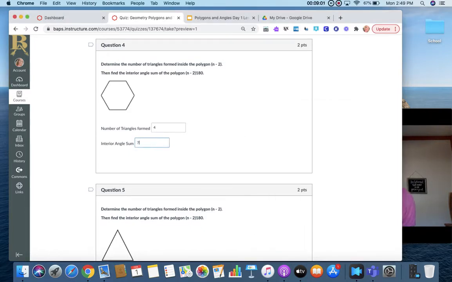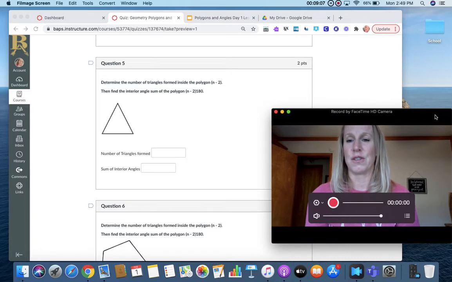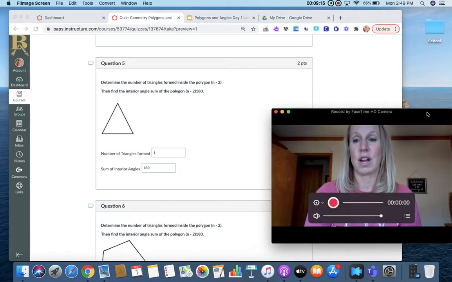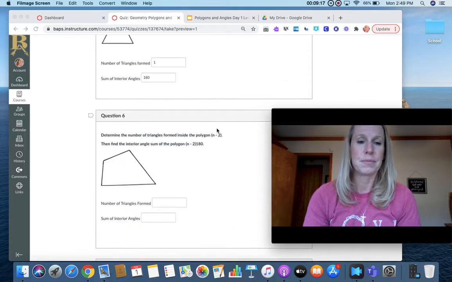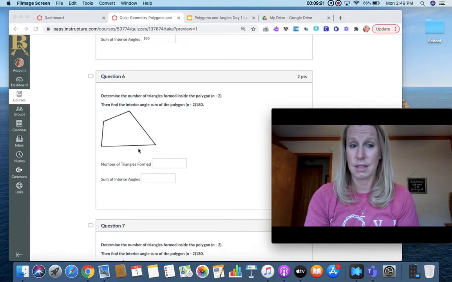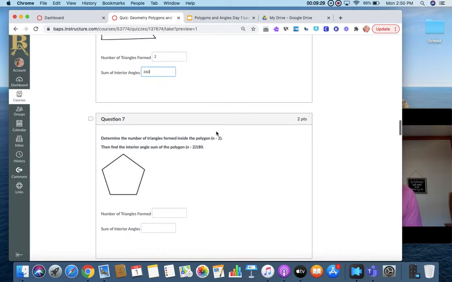So 720 goes there. Now on a triangle, how many triangles are formed? Well, it's just one triangle, and 1 times 180 is 180, so all the angles in a triangle add up to 180. How many sides is this? 1, 2, 3, 4 sides. 4 minus 2 is 2. 2 times 180 is 360.